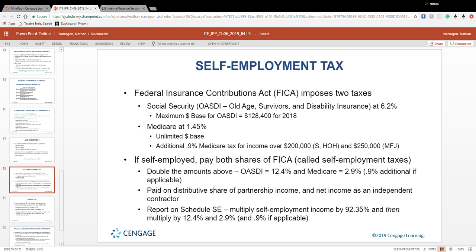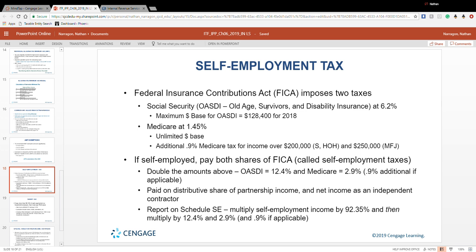Medicare is 1.45%, and that one gets taxed no matter how much you make. Then you have an additional 0.9% if you have income over 200K, or 250,000 if you're married filing jointly.